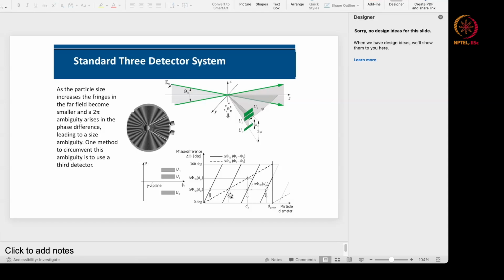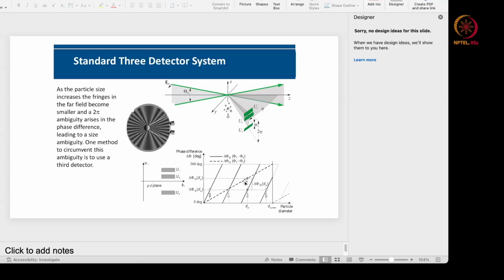So you basically match the readings from the two detectors, and where these two readings are the same, that is the diameter that you choose. Okay? So this is how this thing actually works.